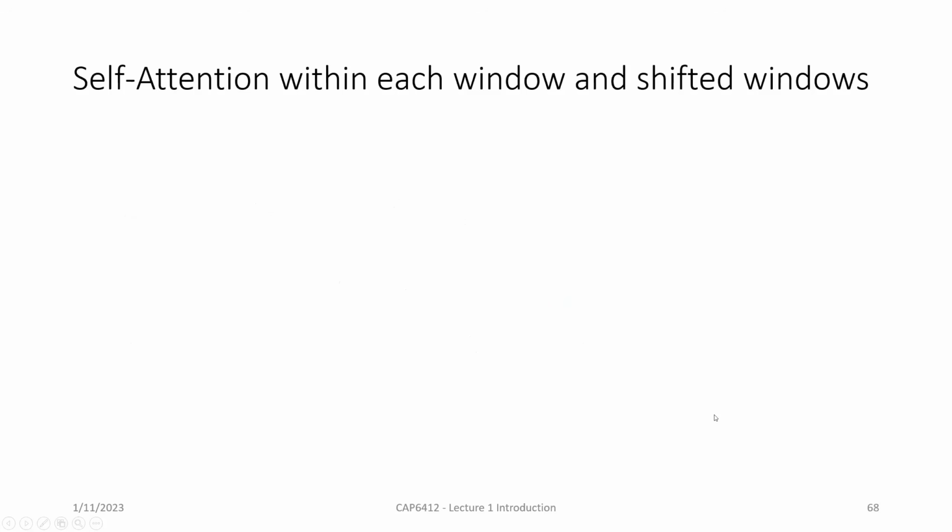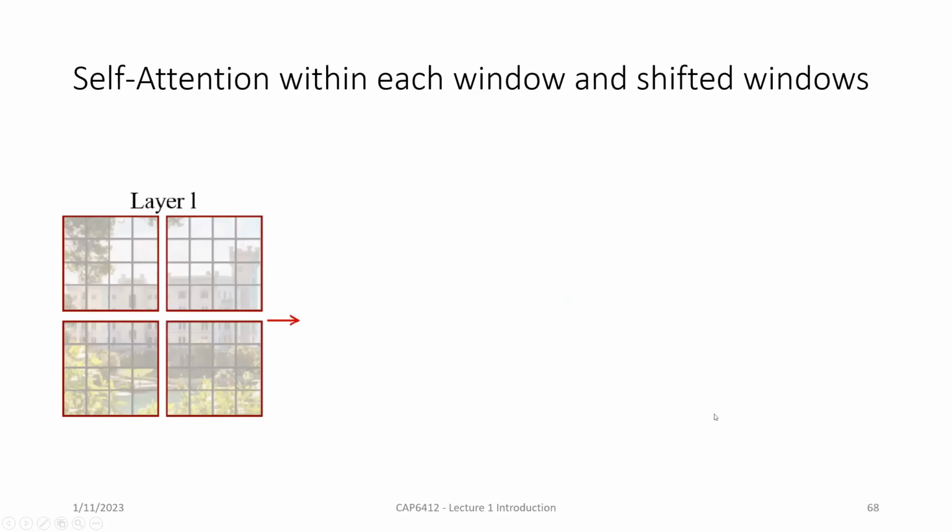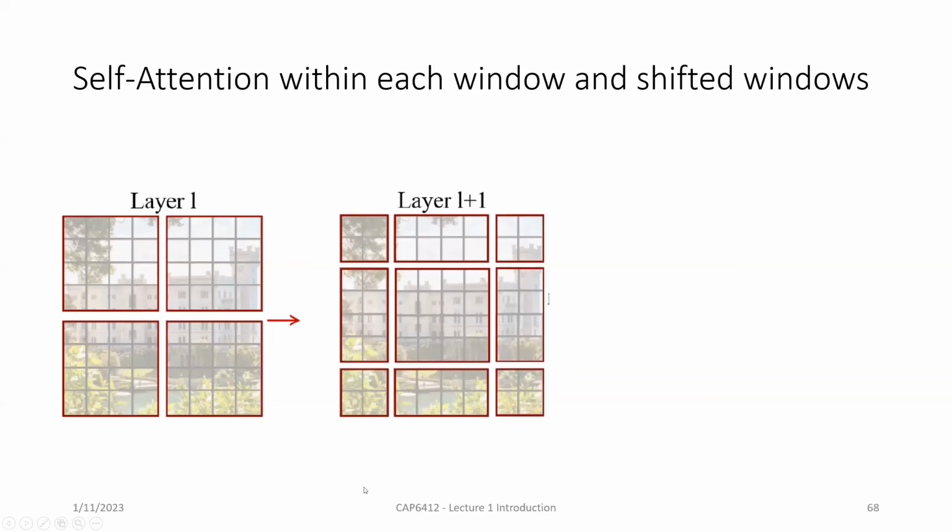So let's look at a little bit more detail. So layer 1, we will have this kind of thing. This window, and each one has this. So now layer l plus 1, we are shifted, as you see, that we are putting this thing somewhere here, and this becomes like that. And that's important.